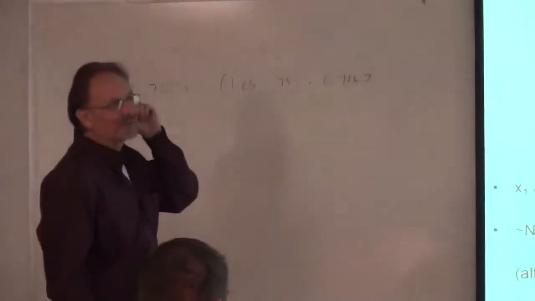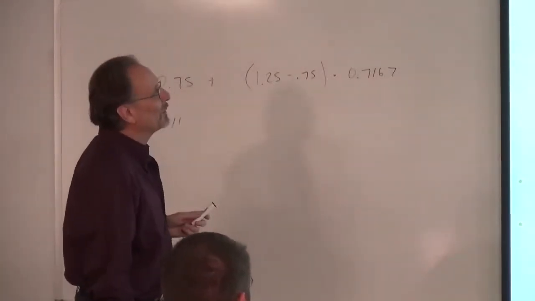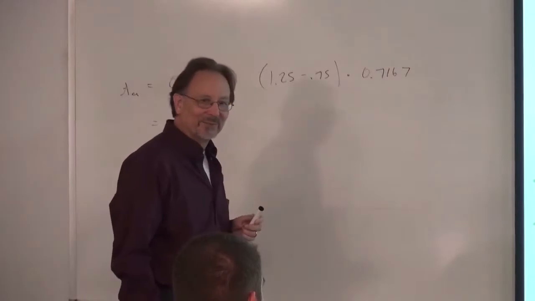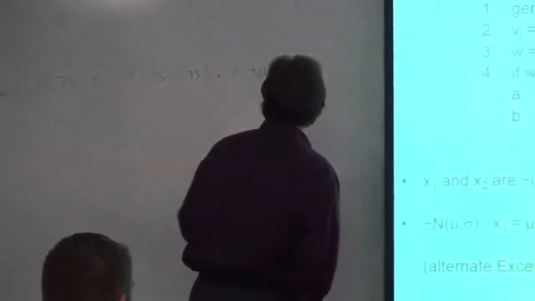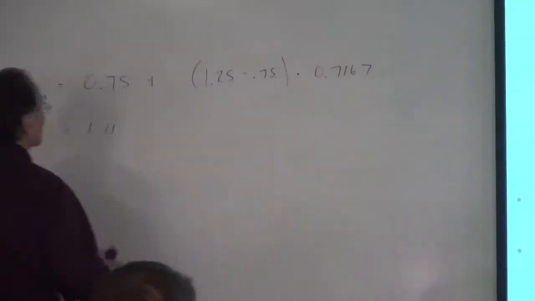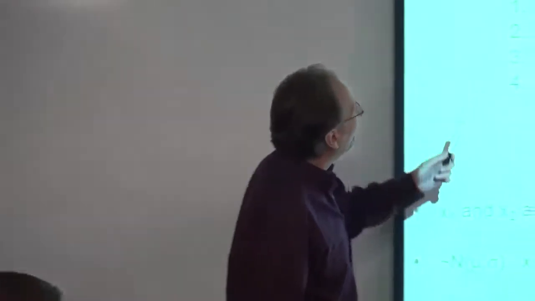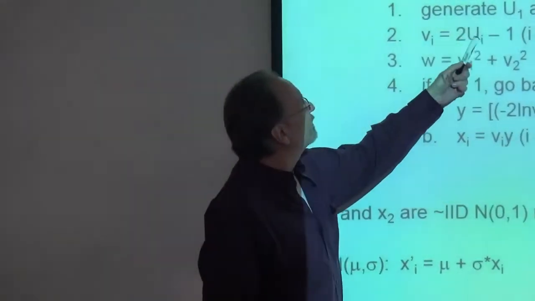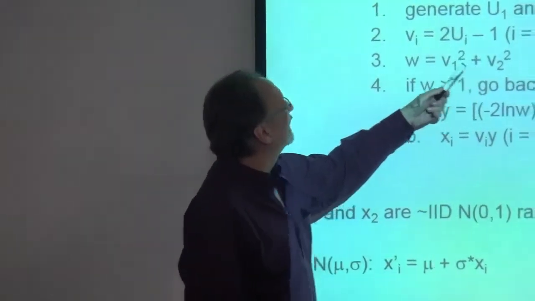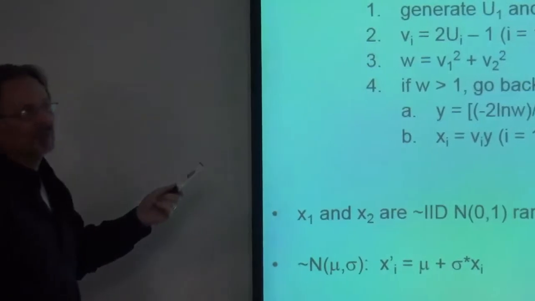However, historically, there's an interesting method called the polar method for generating pairs of normally distributed random numbers. First thing you do is generate two random numbers, u sub 1 and u sub 2. Then I generate two v sub i values, which is 2 times u sub 1 minus 1 for each one of my u's.